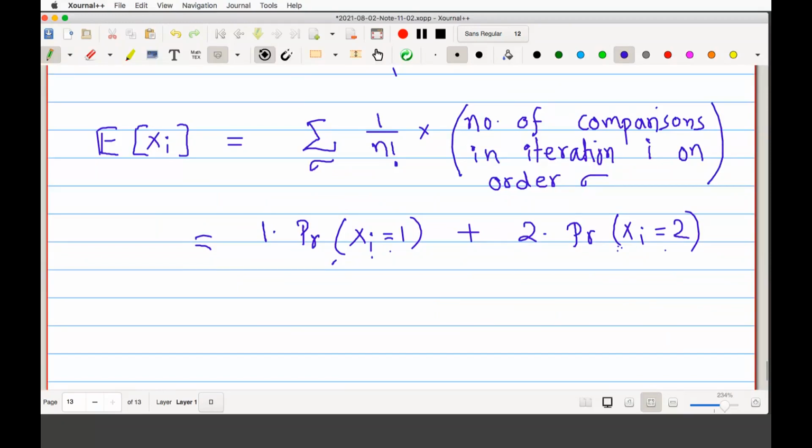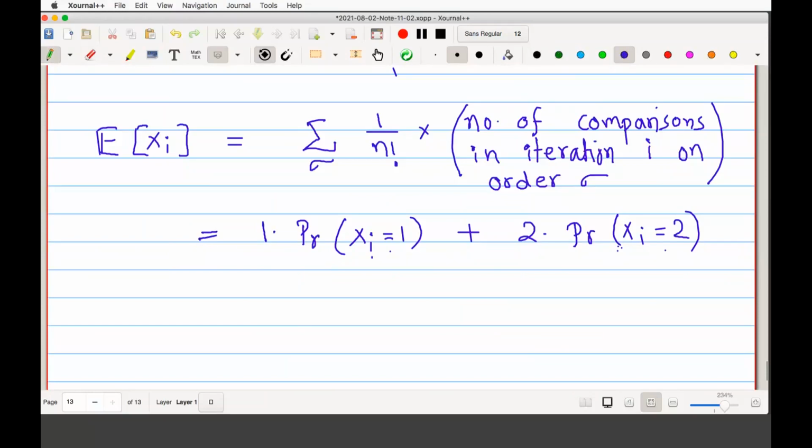For each order, you look at the comparisons in iteration I, add them up, and divide by n factorial. That is one definition, and I'm saying this is exactly the same as the expression below. It may not be immediately clear, so you should think about it.